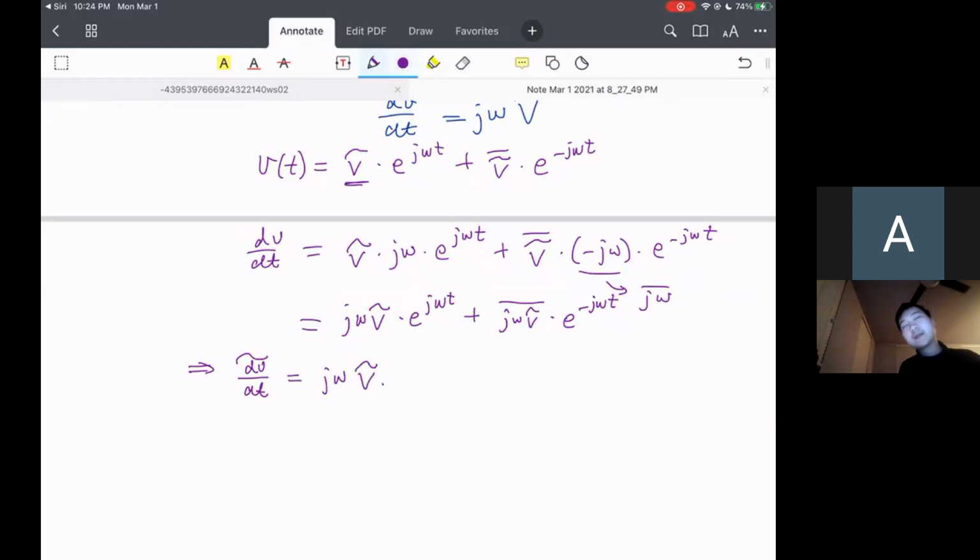Okay, so there are a couple of things to note about phasors. Although I've been using V's as my example when explaining phasors, phasors are not restricted to voltages. It could be the current, or any physical quantity that you're interested in studying.